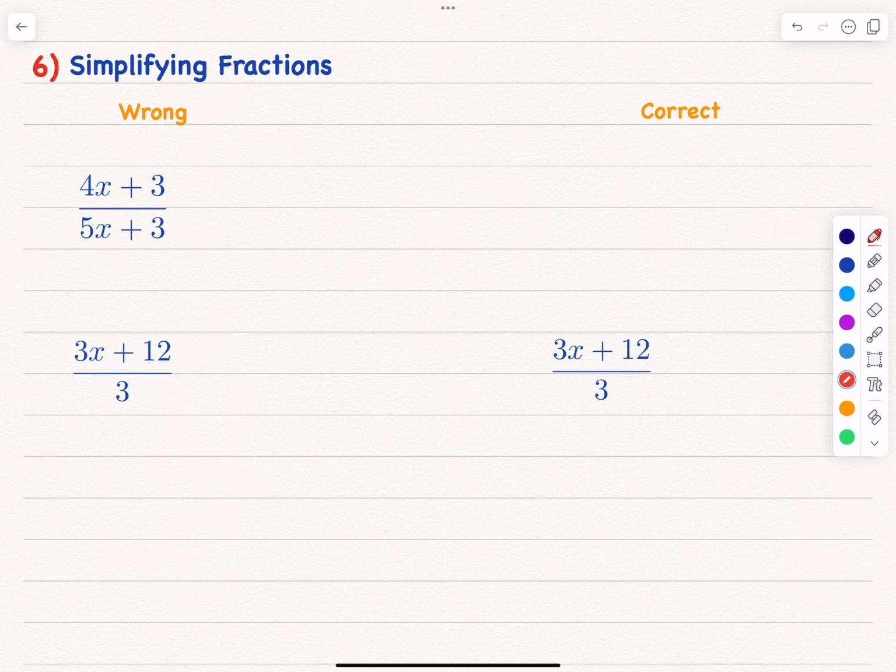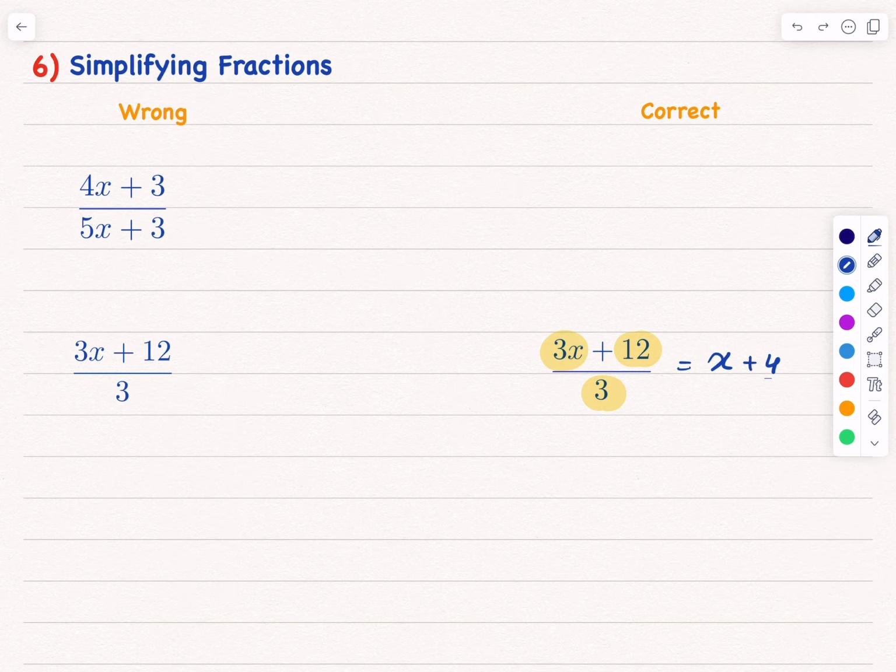We notice that all of the numbers are divisible by 3, so we divide all of them by 3. If we divide by 3, 3x would become just 1x, 12 divided by 3 is 4, then 3 divided by 3 down is 1, and of course, we don't need to write a denominator of 1.